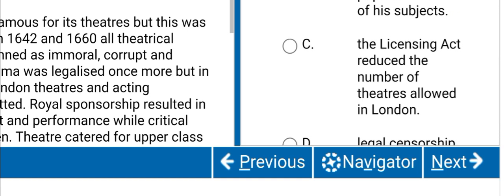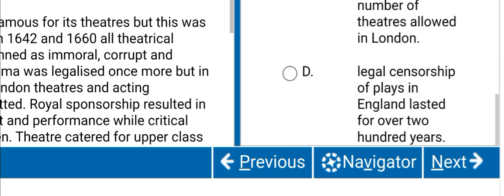Option C, the Licensing Act reduced the number of theatres allowed in London. Option D, legal censorship of plays in England lasted for over 200 years.